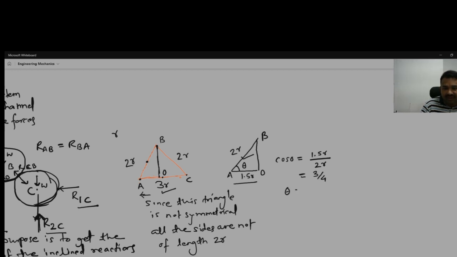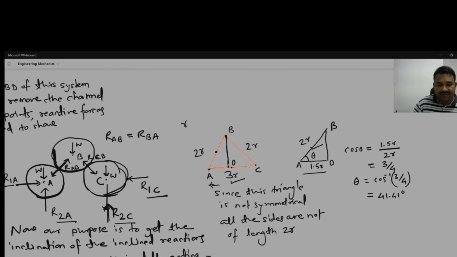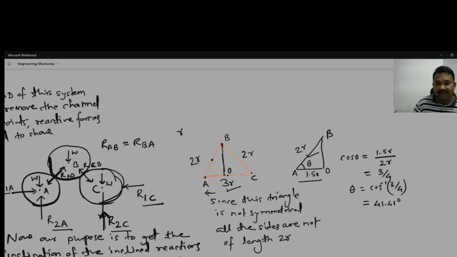So theta is equal to cos inverse 3/4, and the theta finally we get that is 41.41 degree. Okay. So in this way, the whatever the required angle we now came to know. Okay, so this angle will be theta.